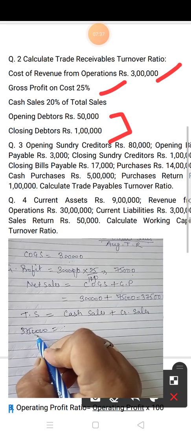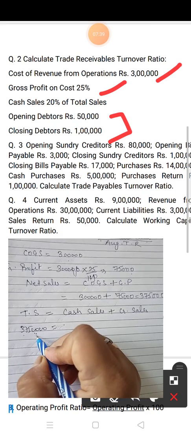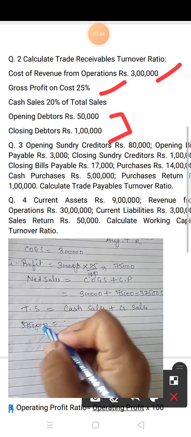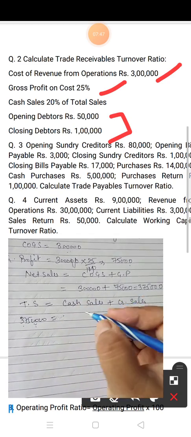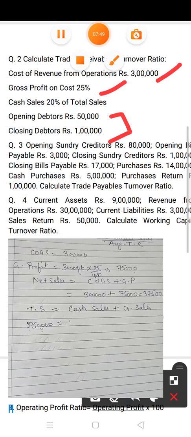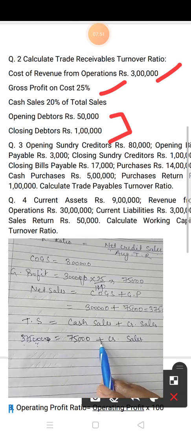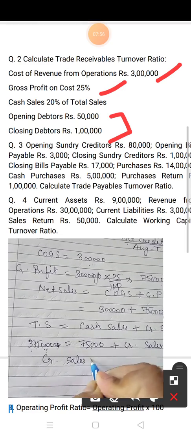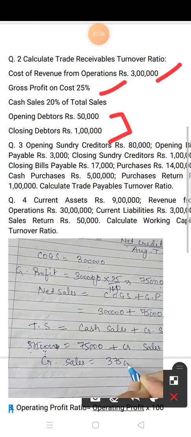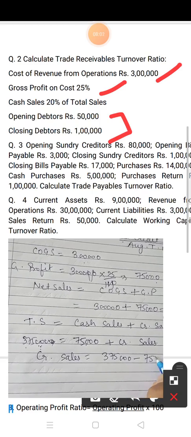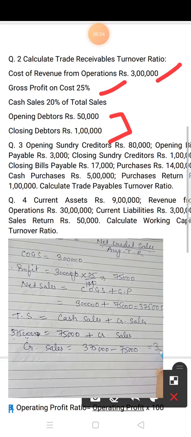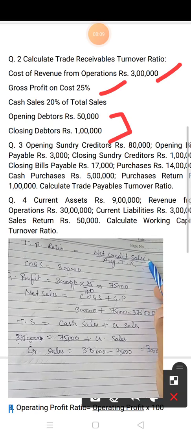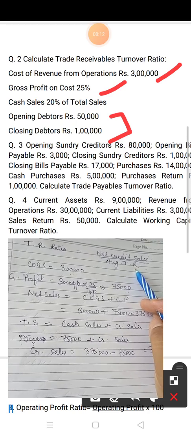So 20% of total sale means 3,75,000 into 20%, so it is 75,000. Plus credit sale. Now credit sale is equal to 3,75,000 minus 75,000, which is equal to 3 lakh. Now net credit sale value is done, it is 3 lakh.